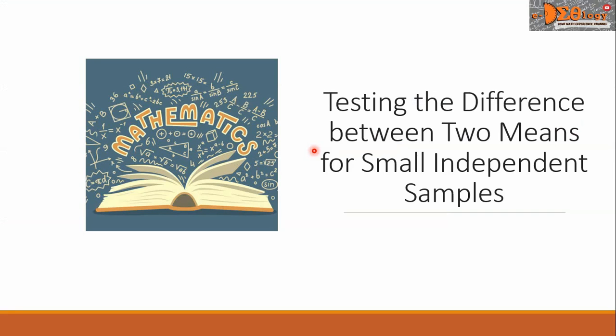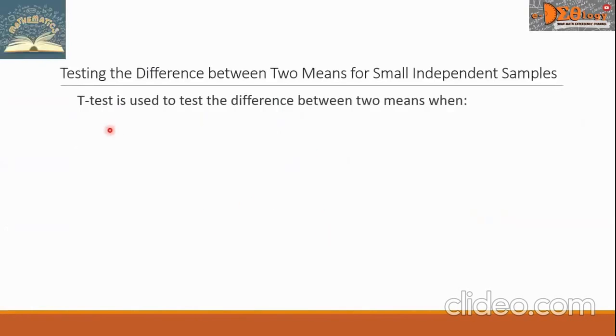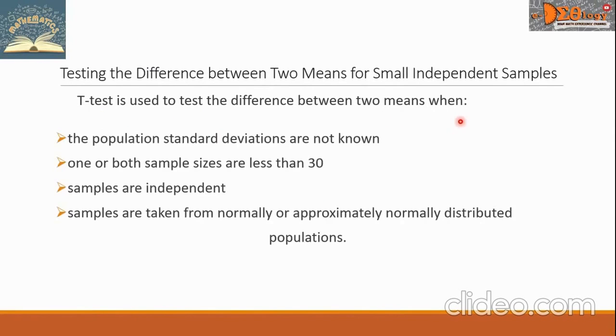Hi everyone. Today we're going to study testing the difference between two means for small independent samples. The t-test is used to test the difference between two means when these four conditions are satisfied.